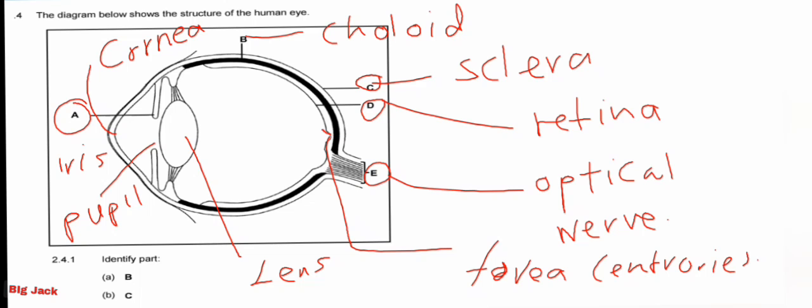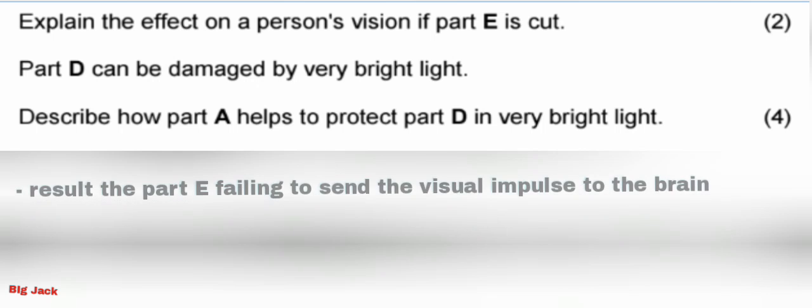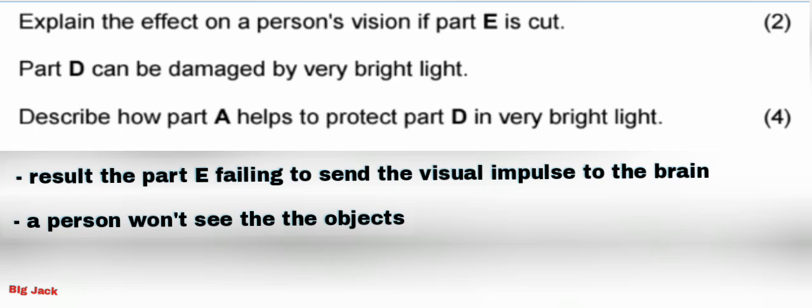As a result, the person is not going to see. You can say, cutting part E results in the eye failing to send the visual impulse to the brain. That's the answer. We can also say the person is not going to see because part E sends the visual impulse to the brain.